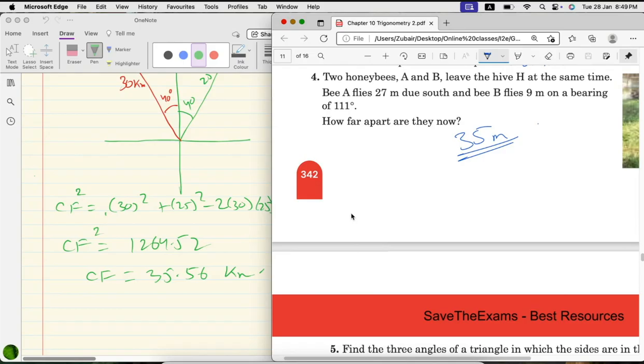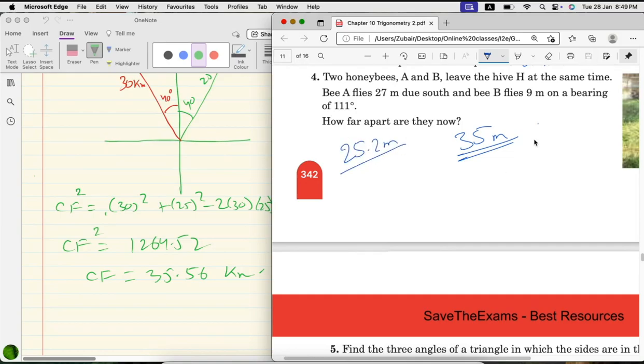Okay, waiting. Sir, I'm getting 25.2 meters. I am also getting 25.2.